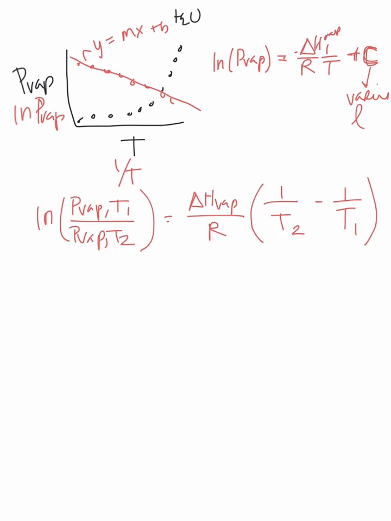This allows us to solve for either the vapor pressure, the temperature, or the delta H vap for two different sets of temperature conditions without having to use a data graph.